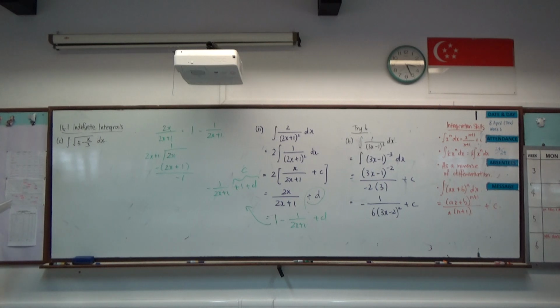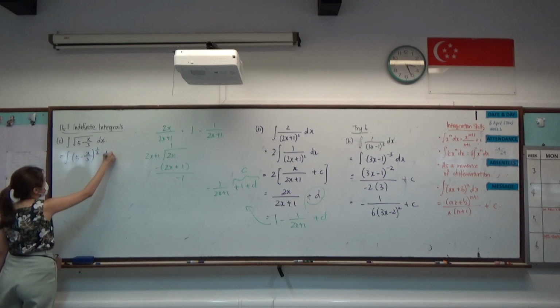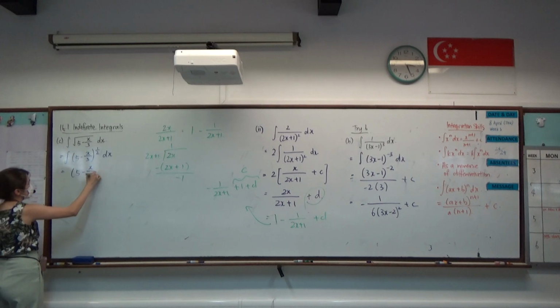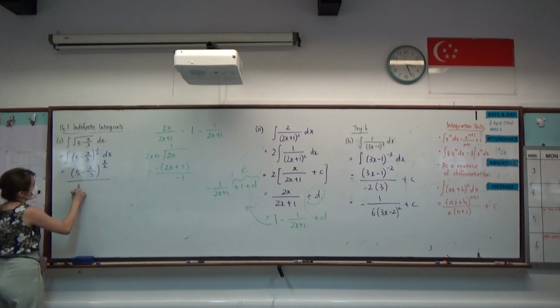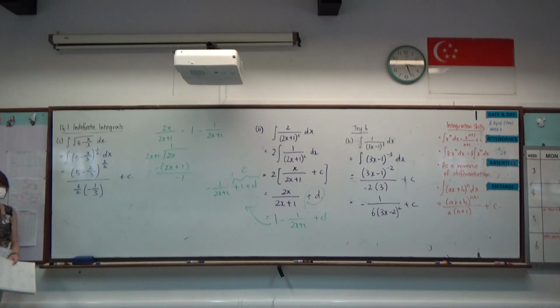Next, for try 6 part C, we want to integrate the square root of 5 minus x over 3. So bring down the power, 3/2.